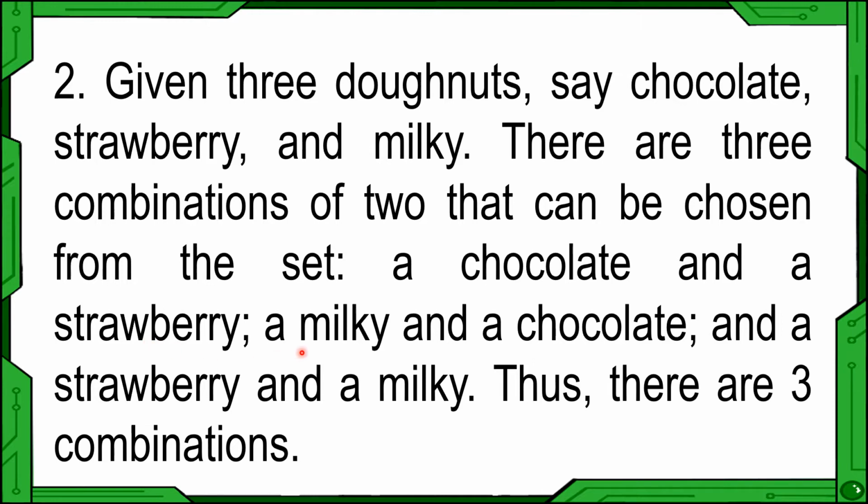Next is milky and chocolate, or chocolate and milky. This is our second combination. And for our third combination, we have strawberry and milky, or milky and strawberry. So this is our third combination. Again, we have 3 combinations.